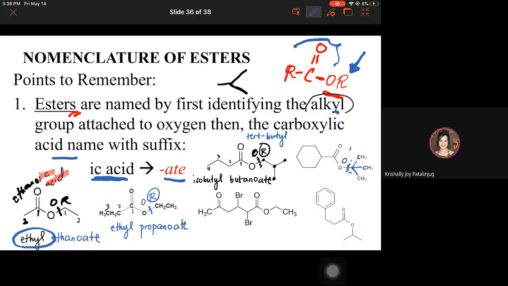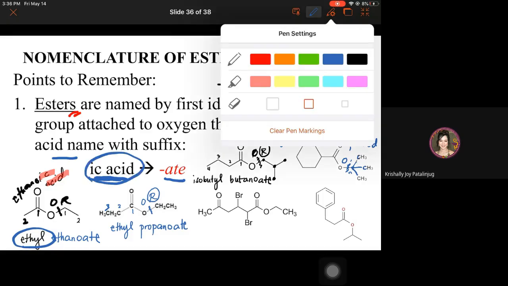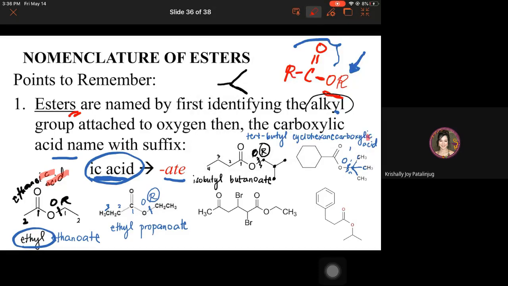Okay. Cyclohexane, di ba? Carboxylic acid mo na siya iyahang corresponding carboxylic acid name. Pero anong sabi pag ester na siya? Ang ic acid mahimo og 8. Mahimo siya 8. So mahitabo carboxylate.